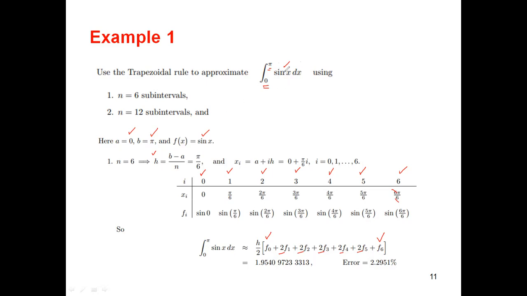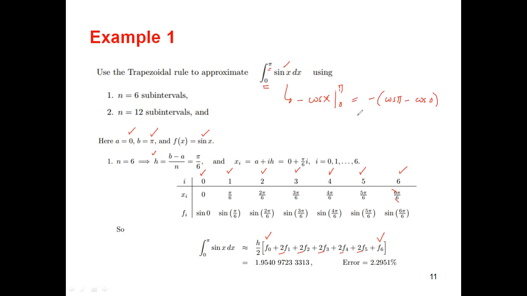Let's say, for example, if this is integrated, the integral of sine of x would be negative cosine of x from 0 to pi. Then you substitute: negative upper limit first, cosine of pi, minus cosine of 0.